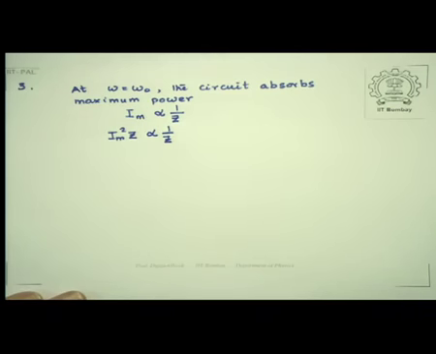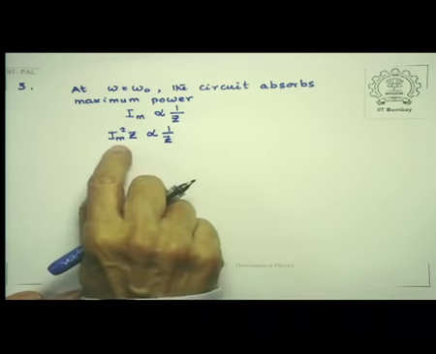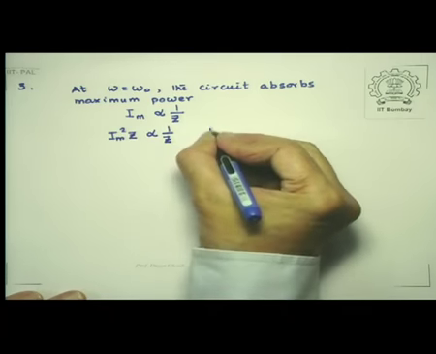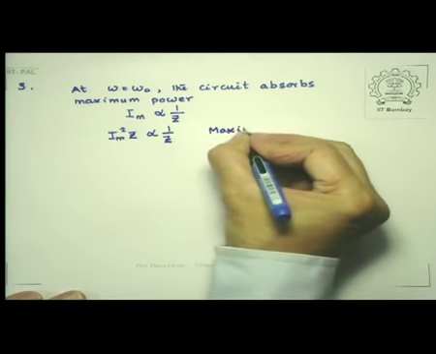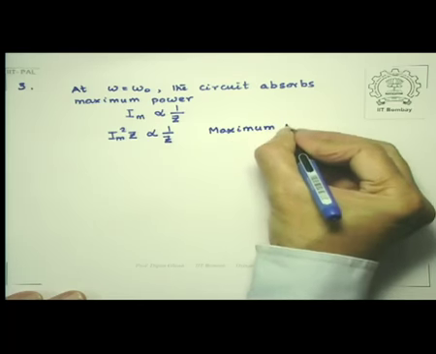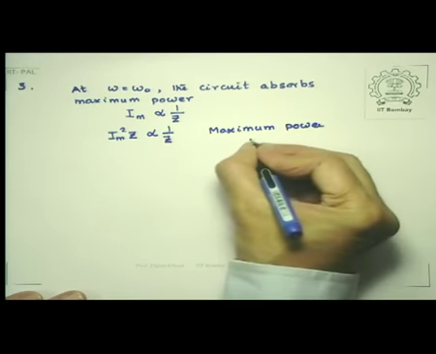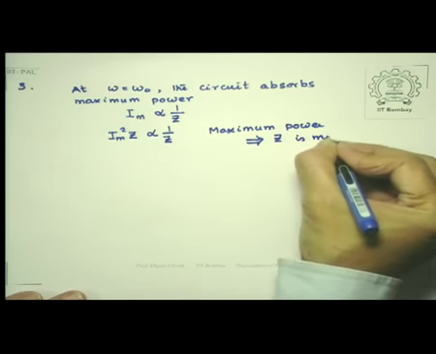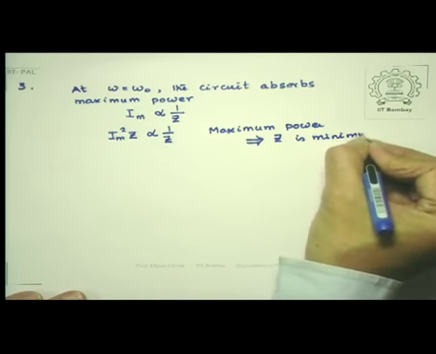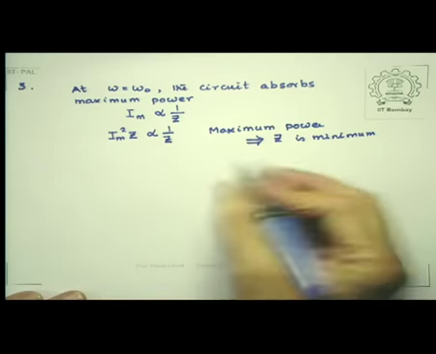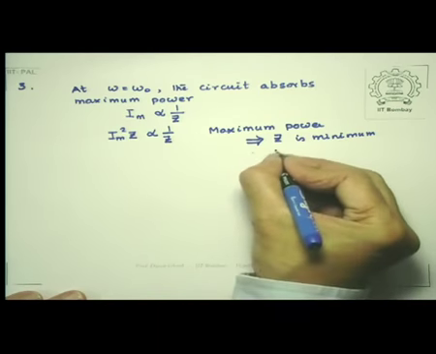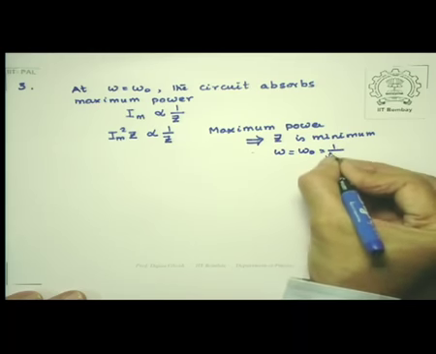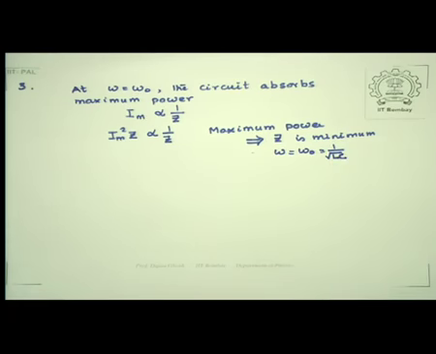So maximum power occurs when Z is minimum, and minimum Z happens when omega equals omega 0 equals 1 over square root of LC. That is, the reactive components cancel.